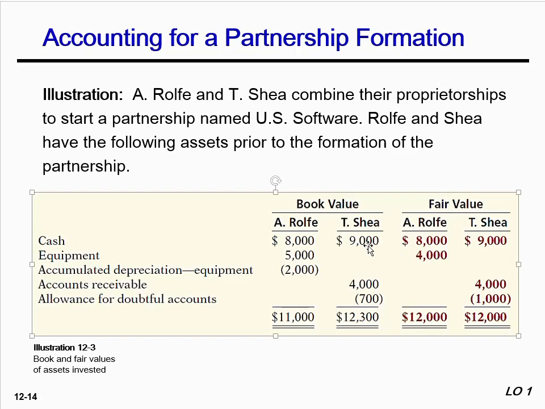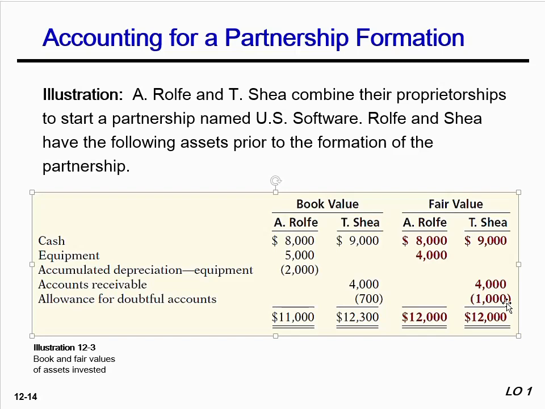Accounts receivable were found in the books of Tishia, they were 4,000. But he has also recorded an allowance for doubtful accounts, meaning he doubted that he would be able to collect 700 out of these 4,000. Now, when you revalue them according to the fair value, accounts receivable were still 4,000, but the uncollectible allowance was not 700, it increased to 1,000 according to the fair value.